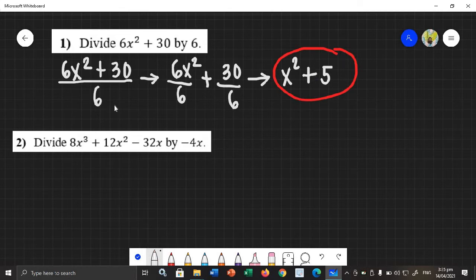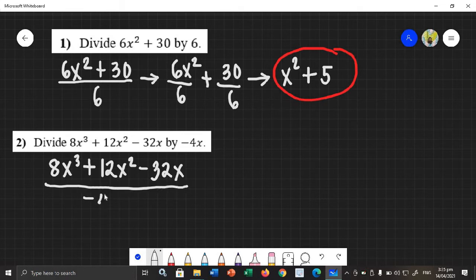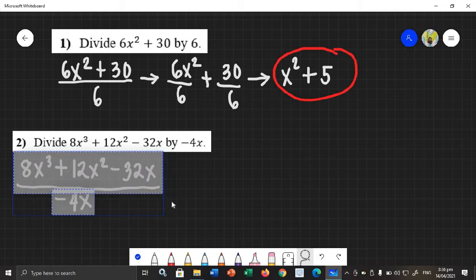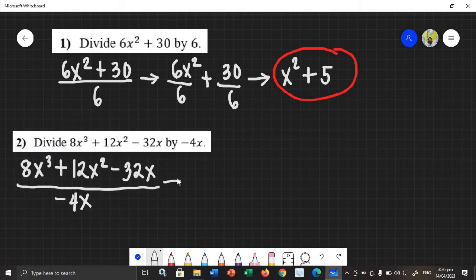How about example number 2? So we rewrite the given. We have 8x to the third plus 12x to the second minus 32x all over negative 4x. And then we need to rewrite this again so that each term in the numerator has its own denominator.